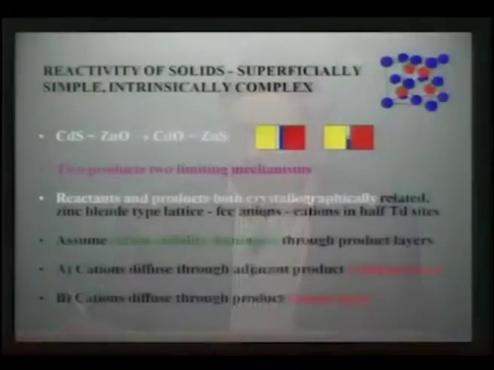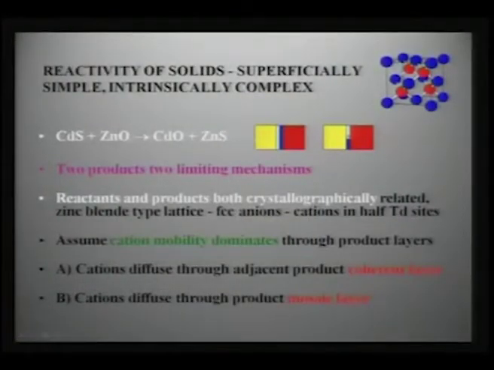We take the surface of cadmium sulphide and then we have zinc oxide, but what happens here is cadmium has to go into zinc and zinc has to go into cadmium in such a way that you have the anions exchange. In other words, in this case these are the anions.